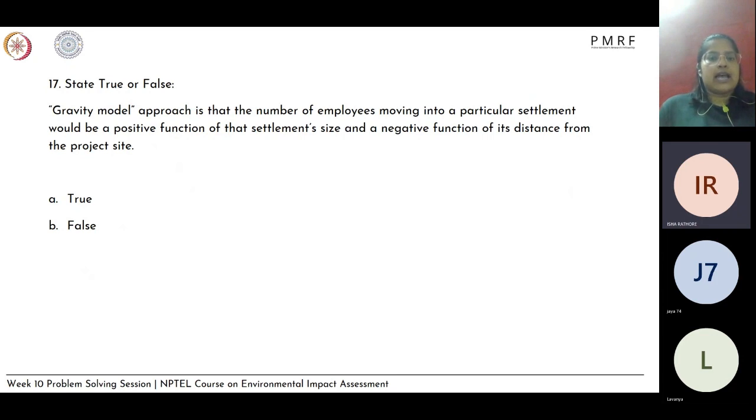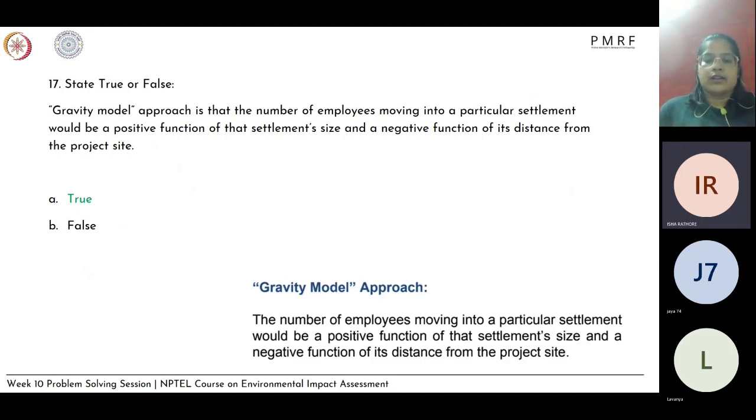So again, formulas and their calculations are important, and approaches if they have any mathematical formulation as well. So the gravity model describes the relation for the number of employees moving into a particular settlement as a positive function of the settlement size and a negative function of its distance from the project site. The statement was true.